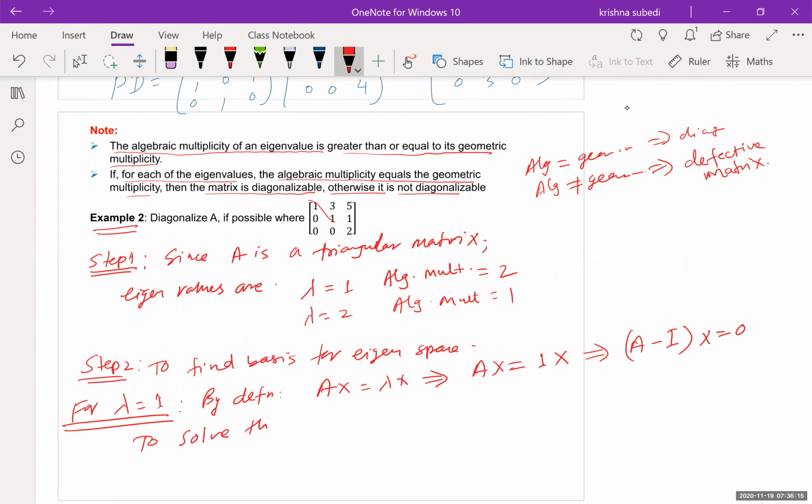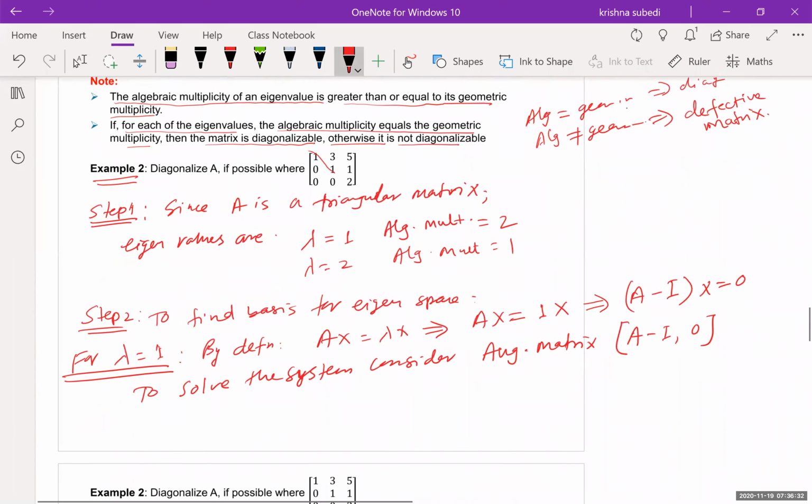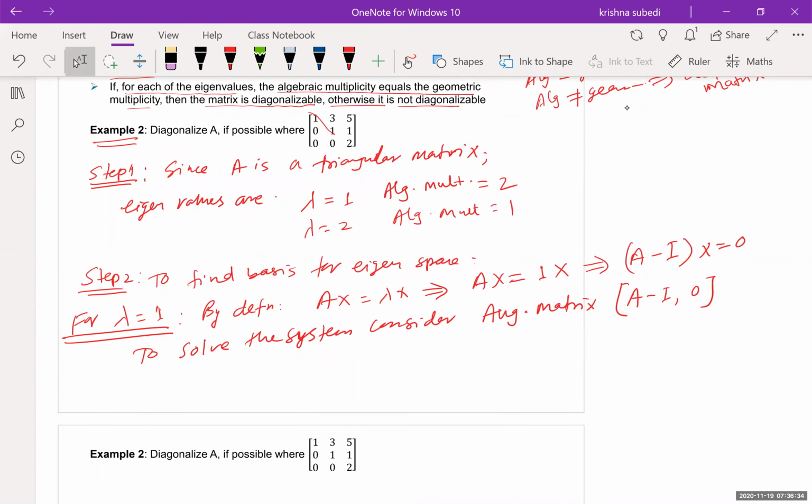To solve the system, consider the augmented matrix A minus I and 0. Somebody help me.